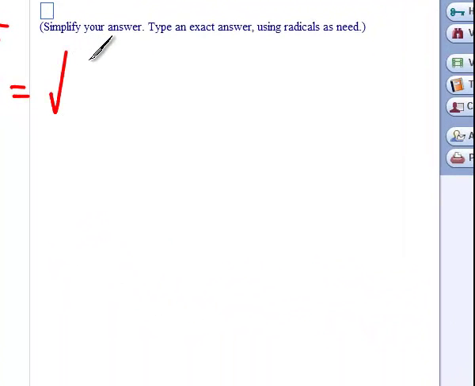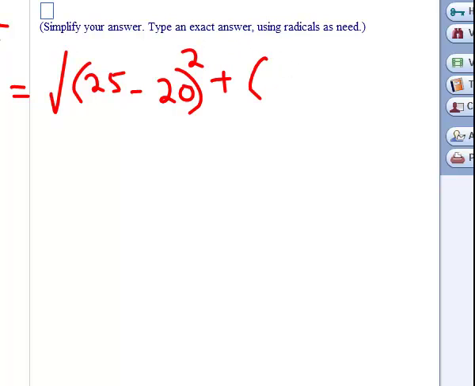So that would be the square root of 25 minus 20, close parentheses squared, plus y2 is 25, again minus 20, no, it should be 18.